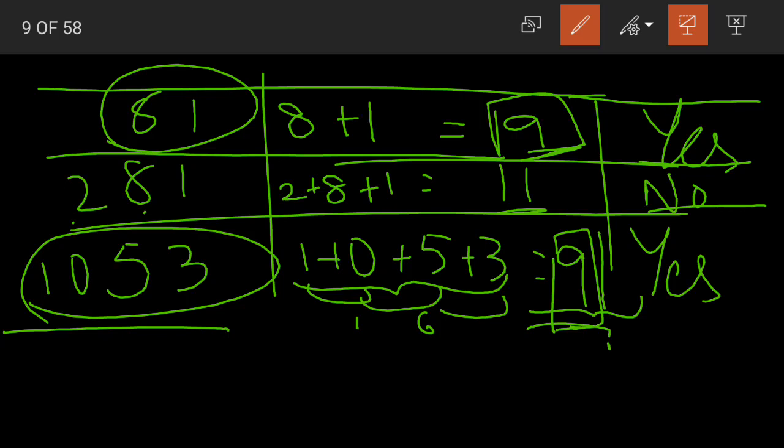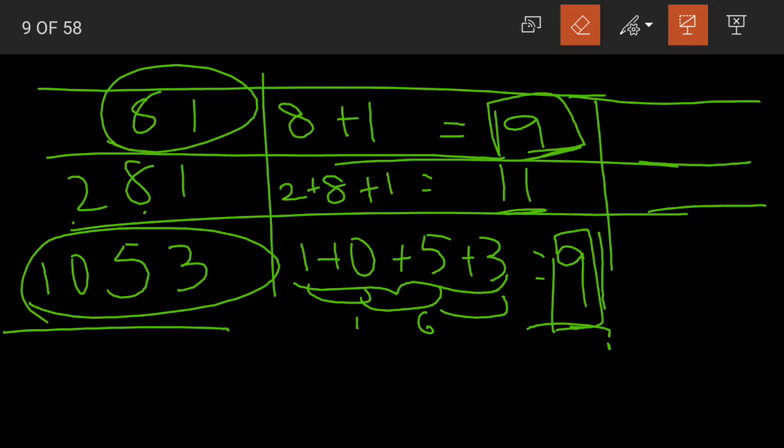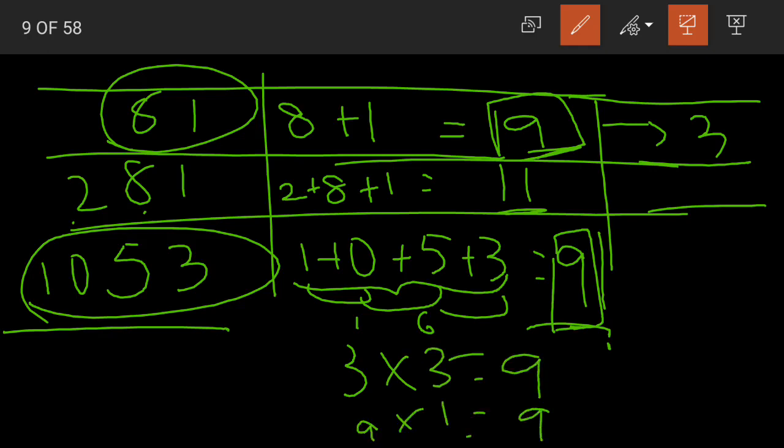You might get another doubt here. What is it? That 9 is also a multiple of 3. Yes or no? 9 is a multiple of both 9 and 3. We have 3 3s are 9 and 9 1s are 9. So 9 becomes a multiple of both 3 and 9. So what can we conclude?